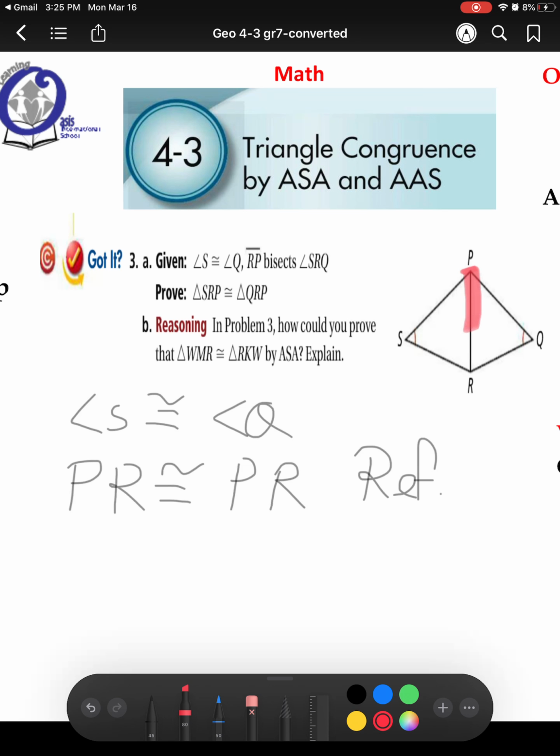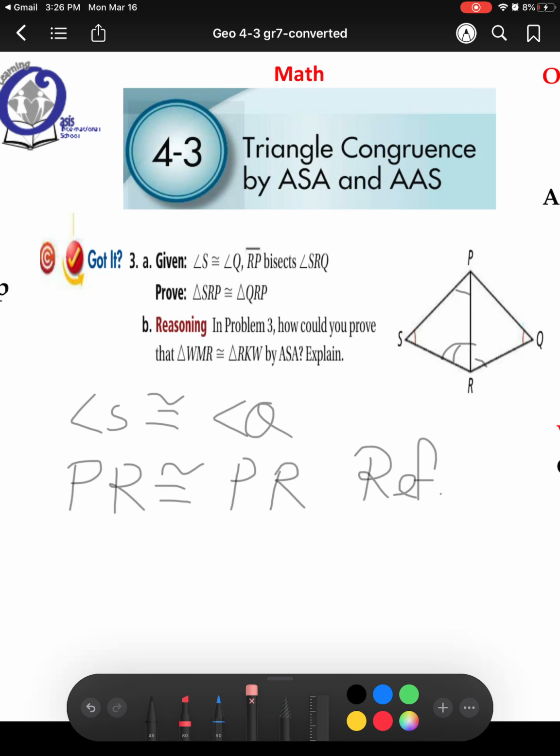This is the side in the middle. Now, I should have either the angles here at the top, this angle congruent to this angle, or this angle congruent to this angle. The question told me that RP bisects SRQ.